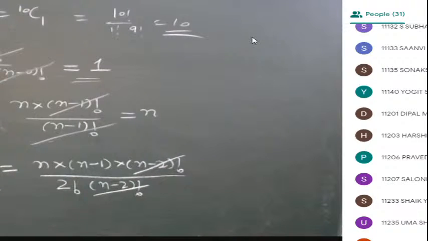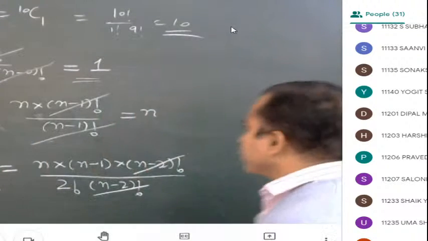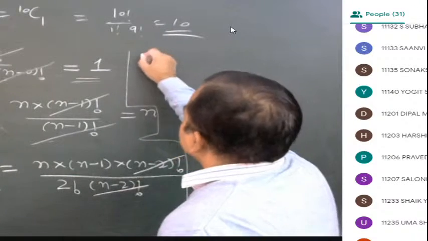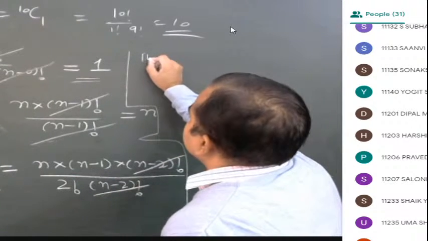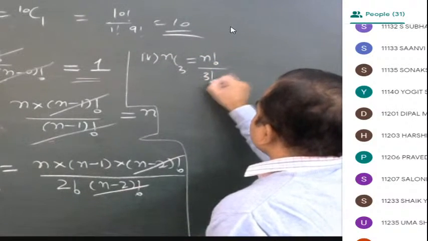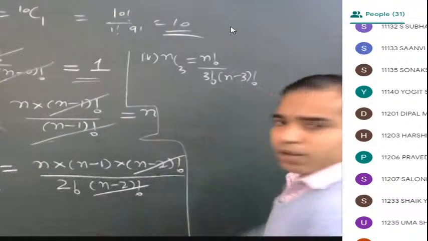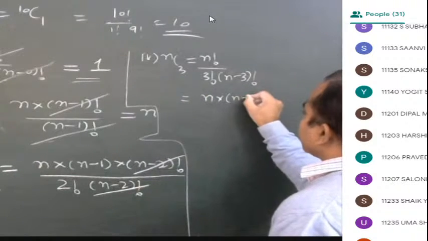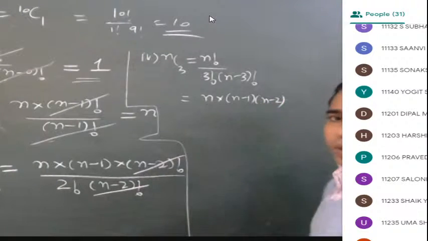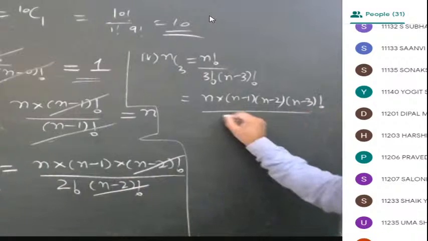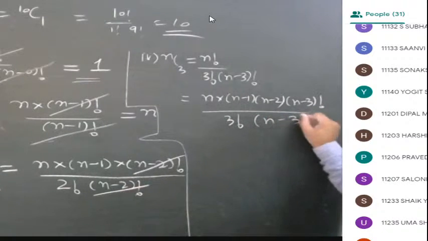And there is a pattern, students. I hope you should be able to guess the formula for NC3. Right? Let us see. If you have doubt, NC3 will be n factorial upon 3 factorial into n minus 3 whole factorial. So, this will be n, I will simplify, n minus 1, n minus 2 into n minus 3 factorial, divided by 3 factorial into n minus 3 factorial.